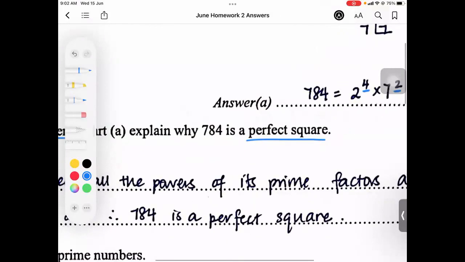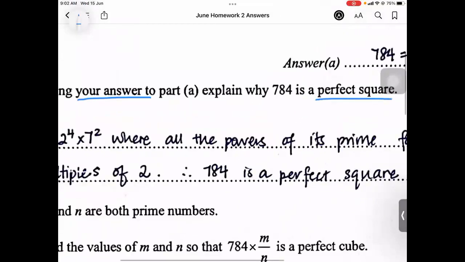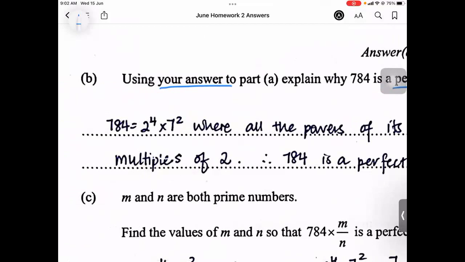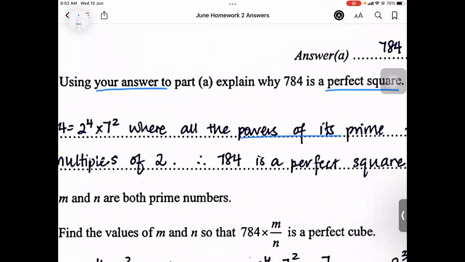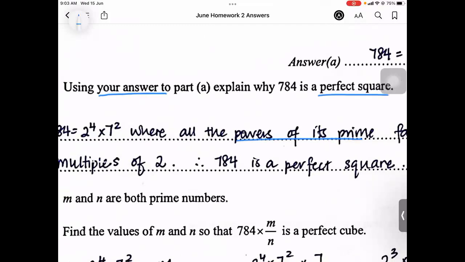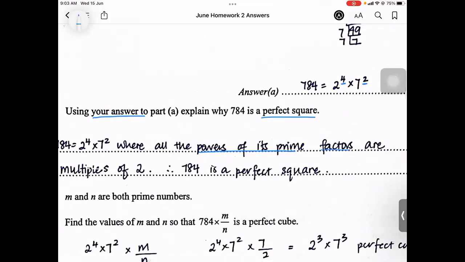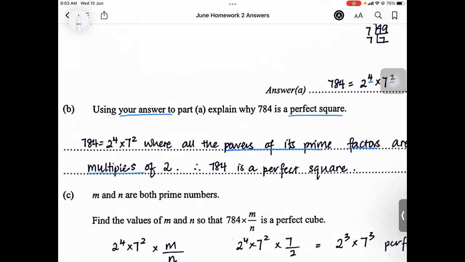Okay, so the correct answer for this kind of question should be: 784 can be represented as 2 to the power of 4 and 7 squared. So you have to write your answers from part A and then explain that all the powers of its prime factors are multiples of 2.